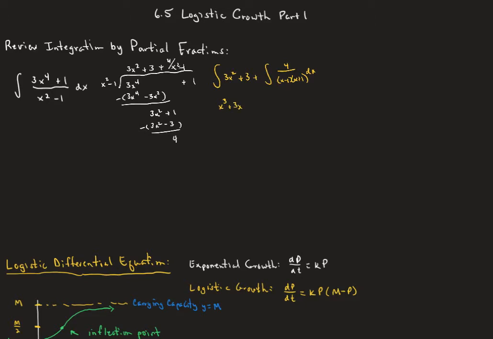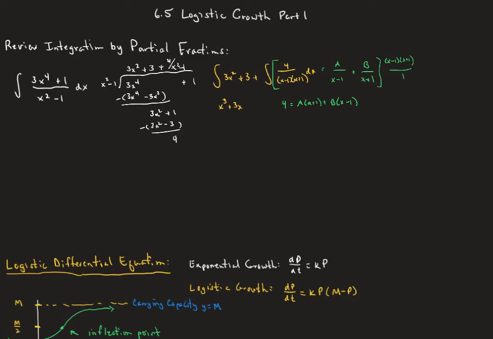But the more interesting part is we're going to think of this as being A over x minus 1 plus B over x plus 1. If you recall, we're going to multiply by that common denominator, so we will get 4 on the left side equals, and then we'll get an A times x plus 1 plus B times x minus 1.